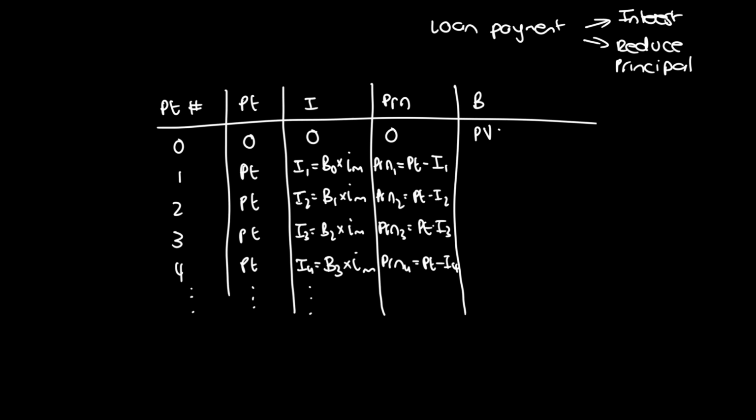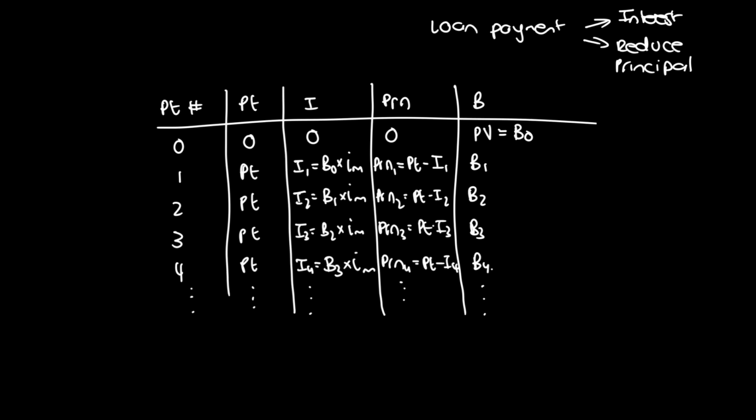Because we got the loan. And then thereafter, and just a heads up, PV can also be B0. The outstanding balance at T0 is the present value. Okay. Then it's going to continue, and we're going to have B1, the outstanding balance at time period 1, B2, B3, B4, etc.